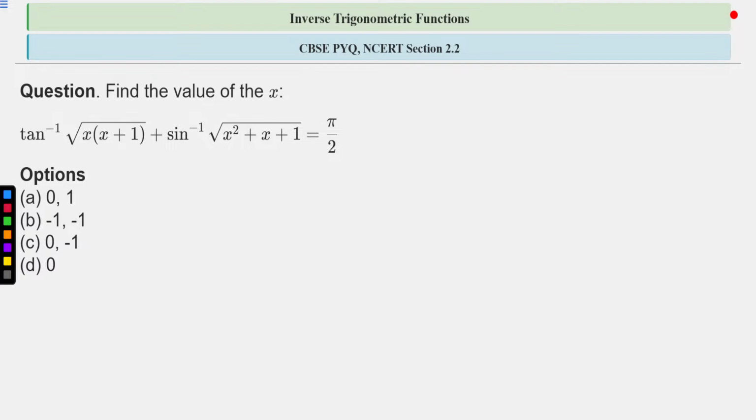So in this way you can write the expression x into x plus 1 greater than equal to 0, and x square plus x plus 1 greater than equal to 0, and also x square plus x plus 1 will be less than 1. So according to both equations, you can easily find the value of x. In this way, we can try to approach this question.